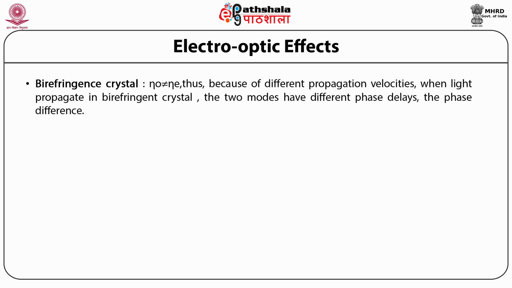Thus, because of different propagation velocities, when light propagates in a birefringent crystal, the two modes have different phase delays, and the phase difference is given by φ_OE equal to 2π/λ d multiplied by (η_o minus η_e), where d is the crystal length.